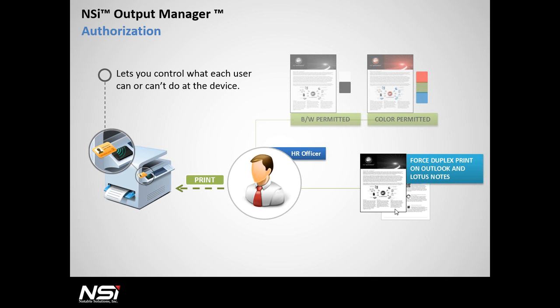Because quite often when you print an email, it counts as a color click because there's a URL in there which is blue, and therefore you have a color click for a document which generally does not need to be color at all.